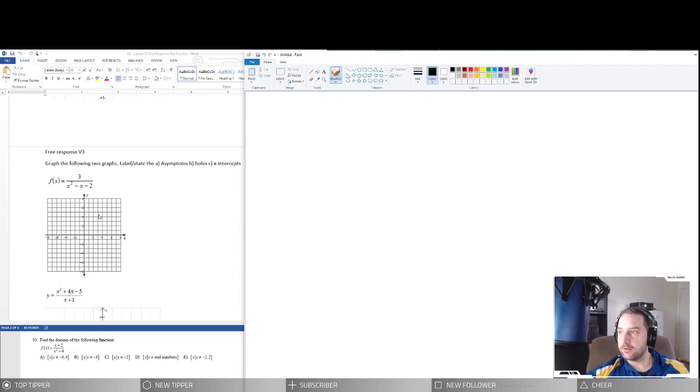So I need to find my important values, the descriptive values, asymptotes. To find the asymptotes, I need to factor the denominator. If I factor the denominator, I get x minus 2 and x plus 1.